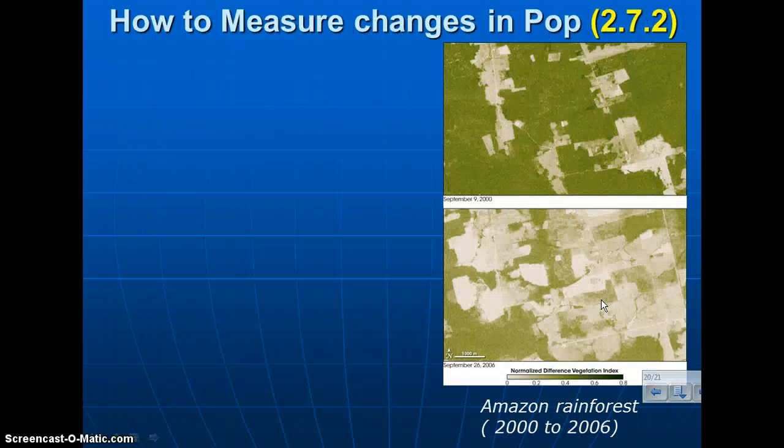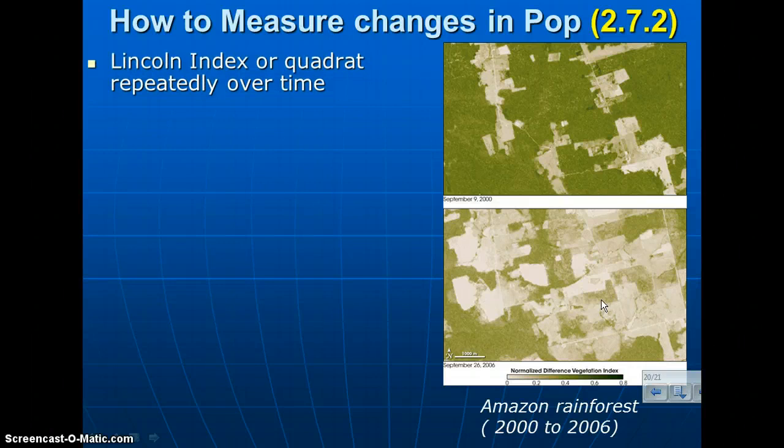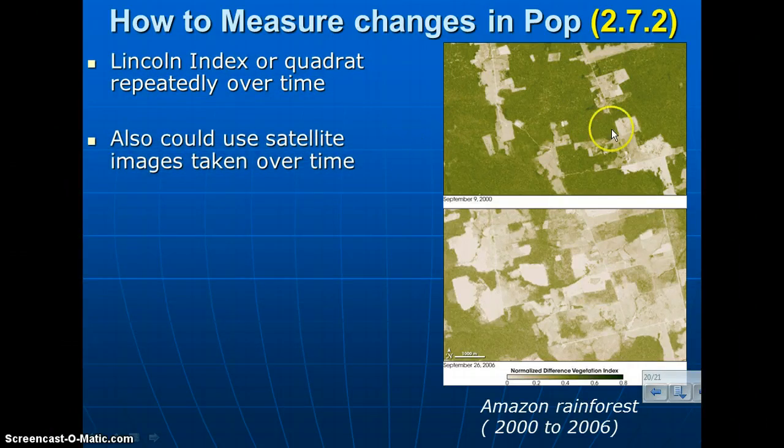We could also think about how we might measure these changes. We could use the Lincoln Index to get population size. We could do quadrats over time. We could also use a cool new technique like satellite imagery to see if the amount of different populations is changing over time. This is the Amazon rainforest, and we can see deforestation between 2000 and 2006.